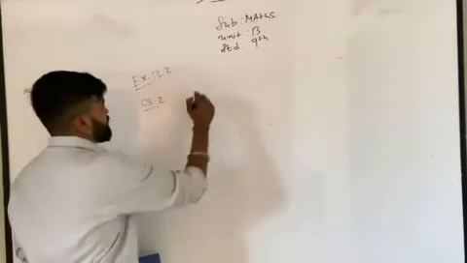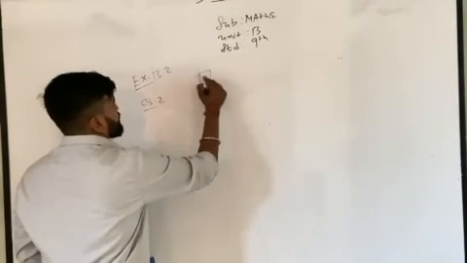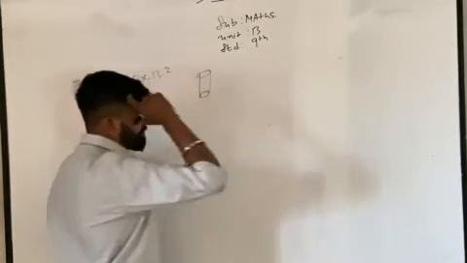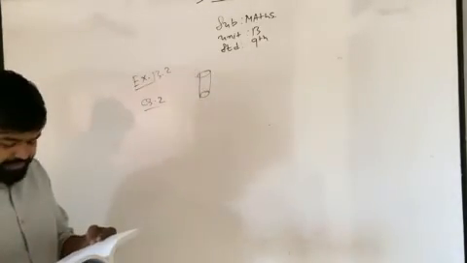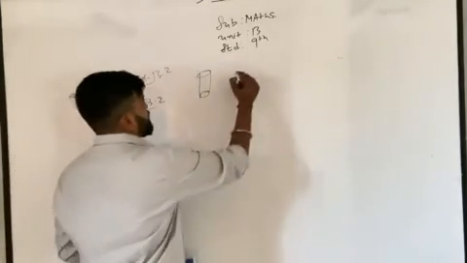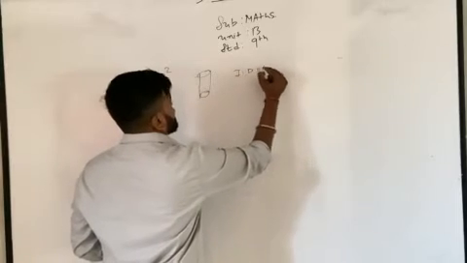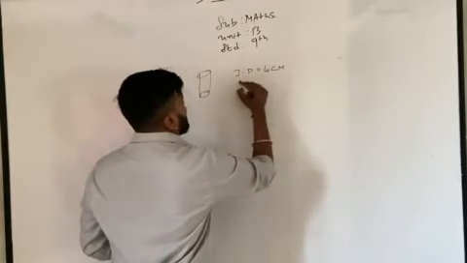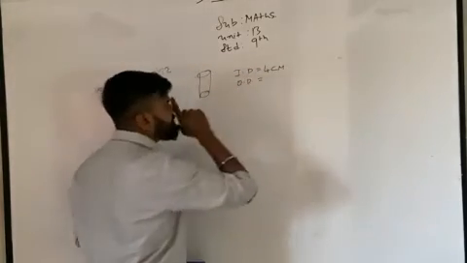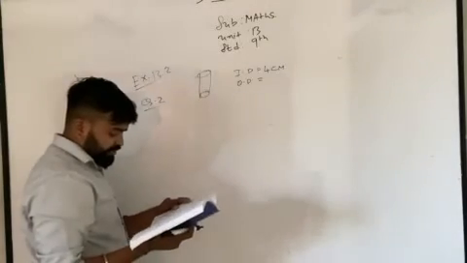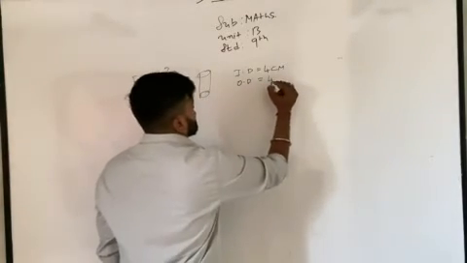So this is the figure of a cylinder in which the inner diameter is 4 centimeter, and the outer diameter is equal to 4.4 centimeter.